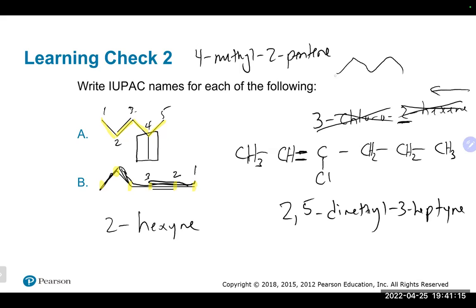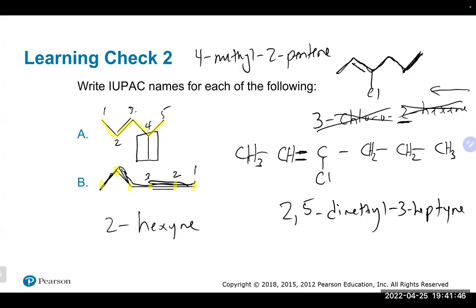That's really badly drawn. 1, 2, 3, 4, 5, 6. There we go. So you do something like that. 1, 2, 3, 4, 5, 6. And then the double bond here was at carbon number 2, so you would just draw an extra line there. Is that what you're asking? And then you would put the chlorine coming off of there. This is single bonded. I just drew a bad line there.